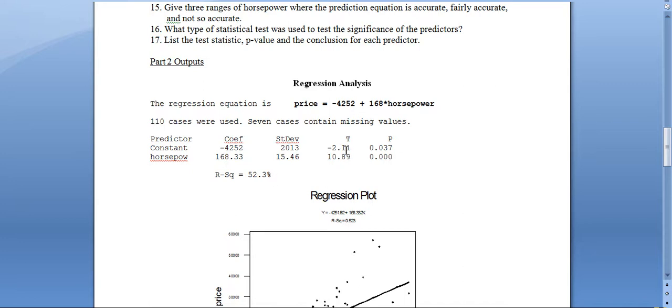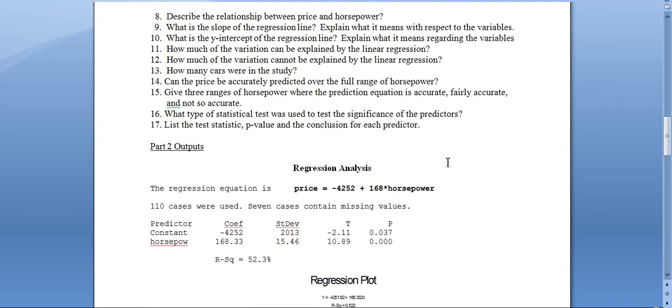Here's my t-value for the t-test that was run on a constant, and a t-test was run on the slope. Now here's your p-values, that tells you whether to accept or reject those values. So again, you're going to use these numbers, the part 2 output, for these part 2 questions.